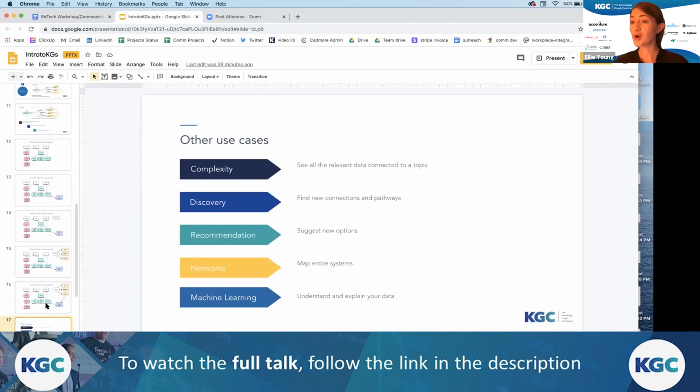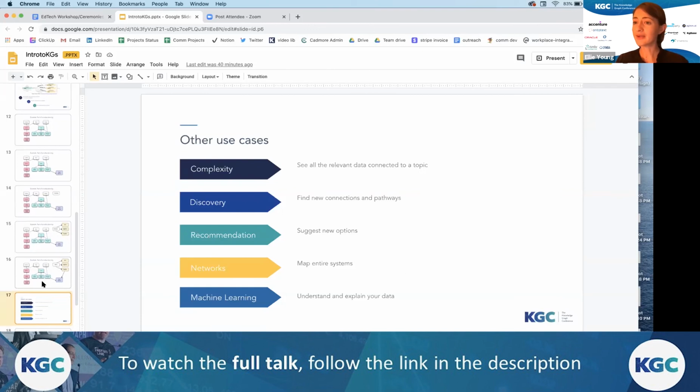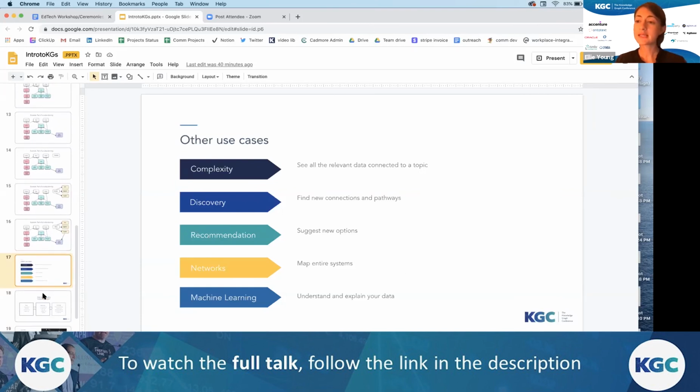So when something broke, they could look back at all the things they had knowledge about, problems that had happened in the field, and recommend the likeliest path of solution. You could also recommend training, right, for education. You can see networks. Again, that's all of the information and how it relates, which is really helpful for things like global supply chains, anything that's complex and has a lot of people and moving parts.